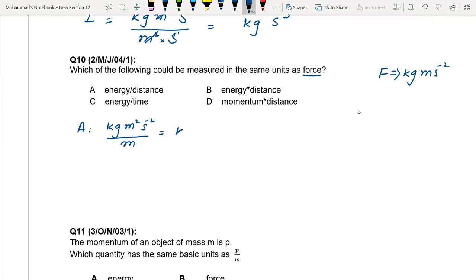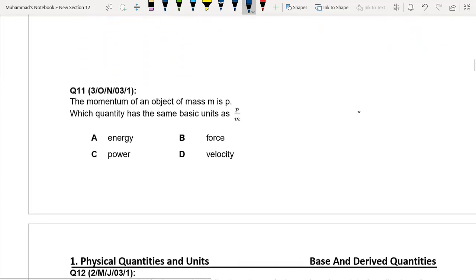So that is kg m s minus 2. So energy over distance will give you same unit as the unit of force, that is kg m s minus 2. Energy into distance will not give you this unit. So the first option is correct. We do not need to simplify all other options.